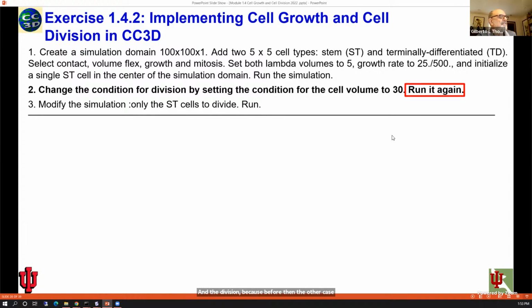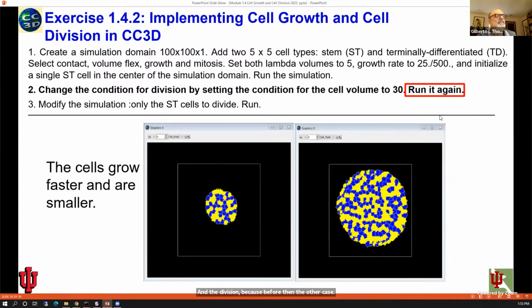So you have something like this. It's hard to see here, but you should see that your cells are smaller because the division occurs at 30, and the growth is much faster than before. You accelerate the growing process.